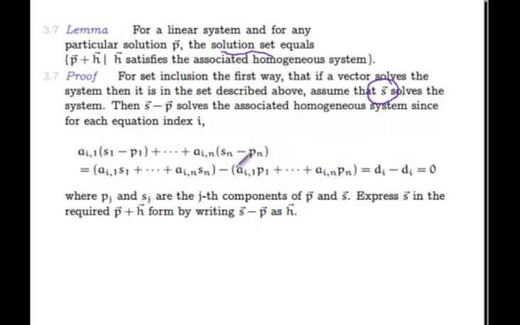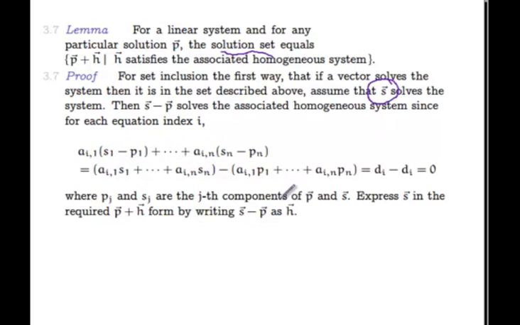And according to the fact that S is a solution, I know that this sum here is going to be di, which is the constant term. And this sum here is going to also be di because P is a particular solution. So I'm going to get 0. And that's true for any equation i. This was a way of writing the ith equation. And for any of the n equations, I can write in this way.